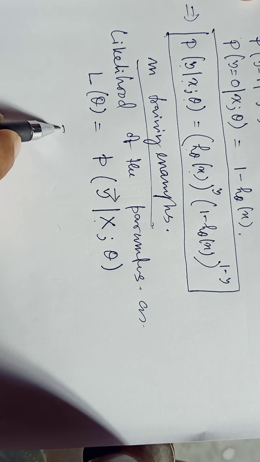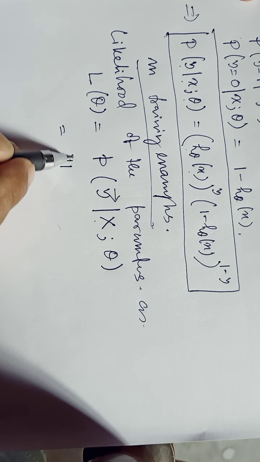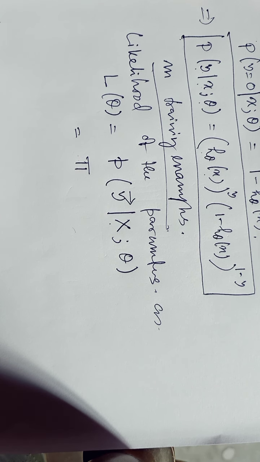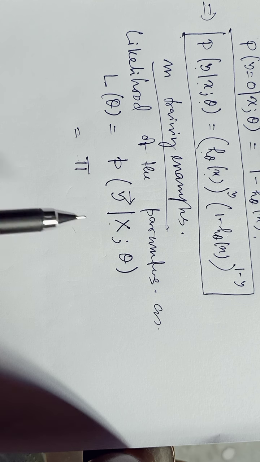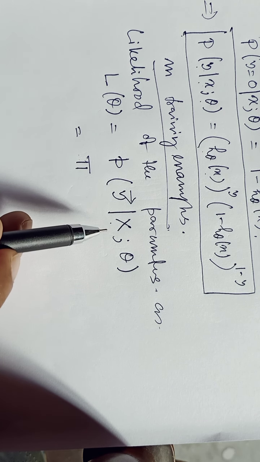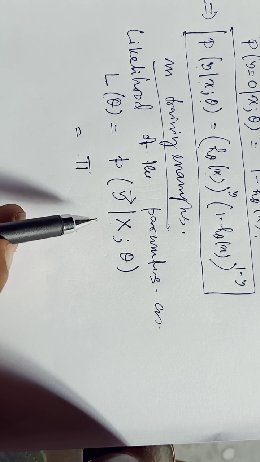So we can write it as the product, again as previously, of all the probabilities of matching: likelihood of x1, likelihood of x2, that is first data, second data, third data, and so on up to the mth data.